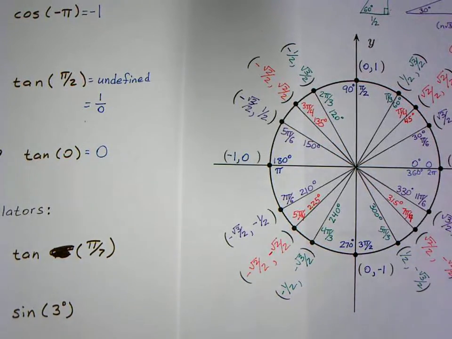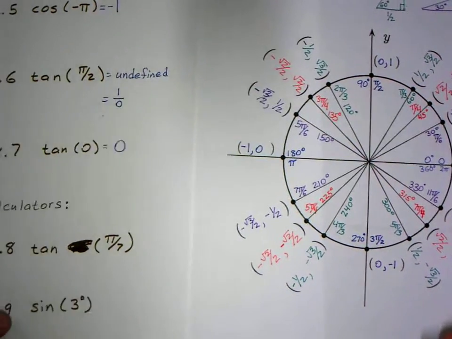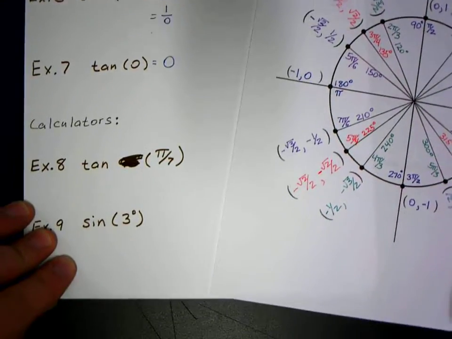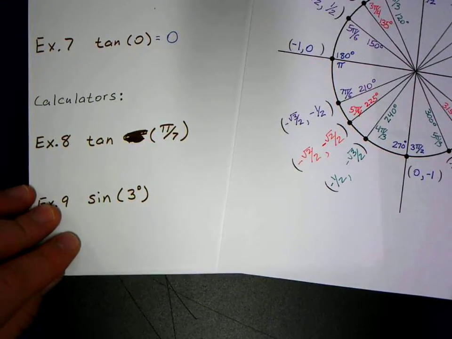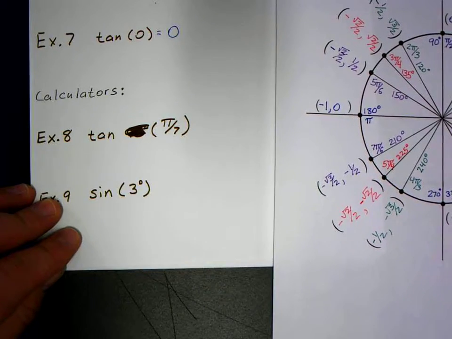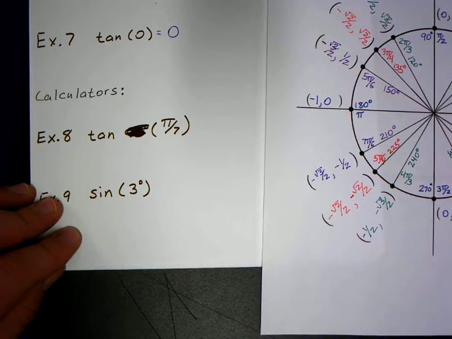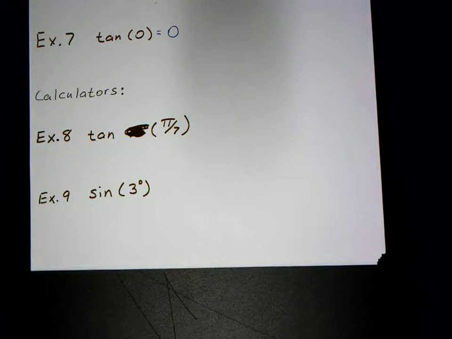Okay, if you have your calculators, I'll show you how to do this on your calculators, and then we will be done. Graphing calculators, scientific calculators, doesn't matter. Your iPhone.